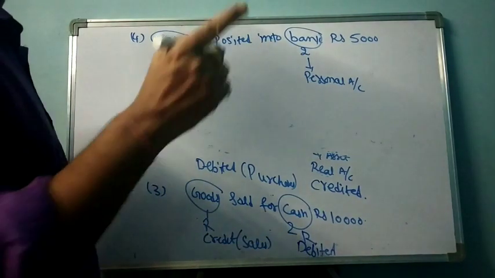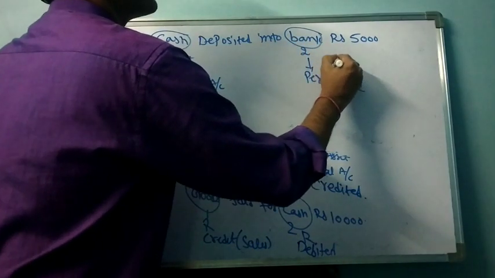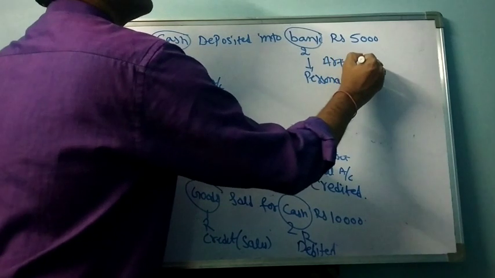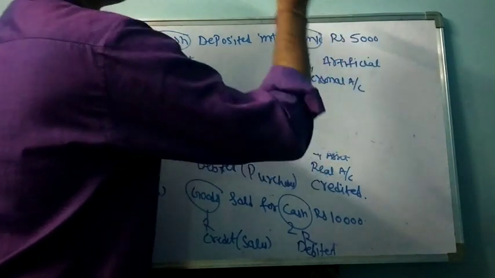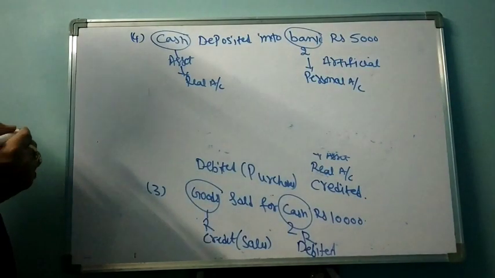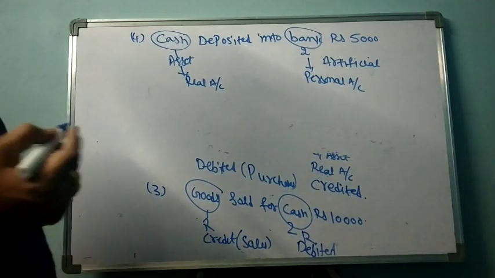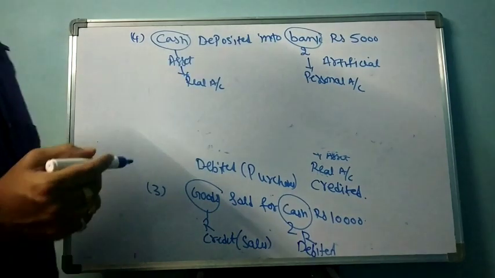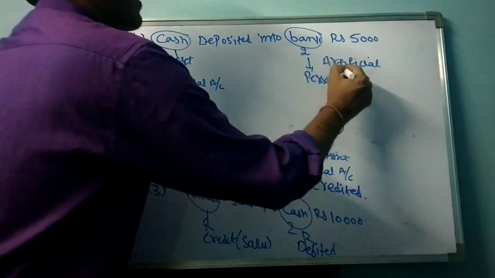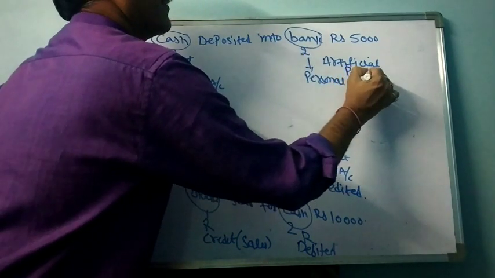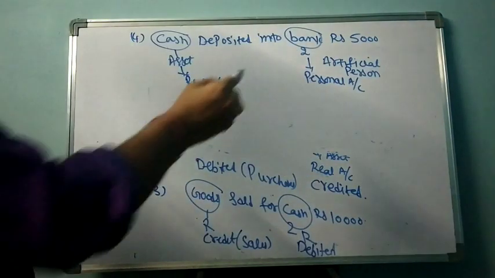Bank is an artificial person. Very important. Whatever it may be, artificial person or natural person, both come under personal account only. Rules of personal accounts are the same. You should apply them in the case of natural person or artificial person. So bank comes under artificial person, personal account.